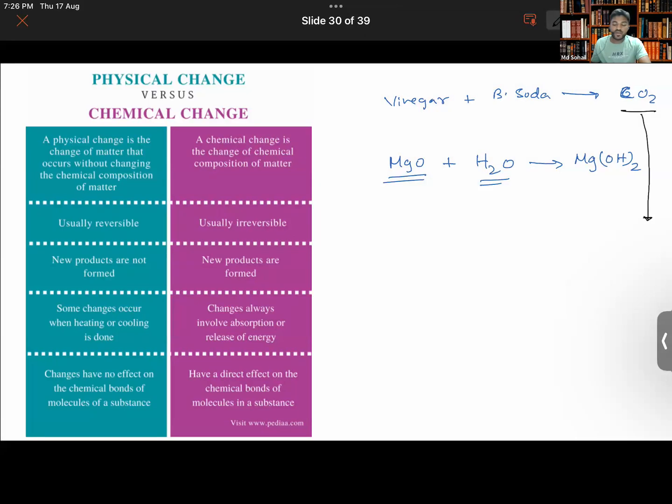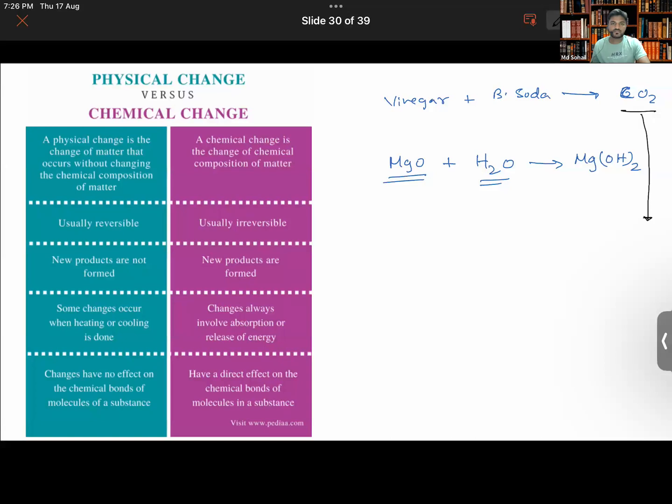Question is to you, Vaiga. I should be passing this gas, carbon dioxide, over which solution so that its color changes to milky? Carbon dioxide should be passed through lime water. Can you name the formula of lime water?